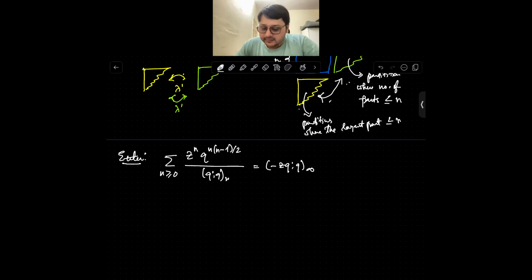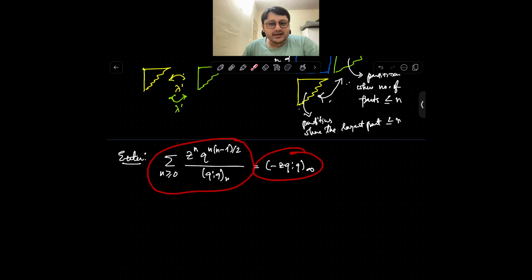Okay. So again, if you go back to the beginning of today's lecture, you'll see that this is the two variable generating function for partitions into distinct parts, where z is keeping track of the number of parts and q is keeping track of the number of which it is a partition. So on the left hand side, whatever is here should also be the generating function for partitions into distinct parts, because the right hand side is the generating function.